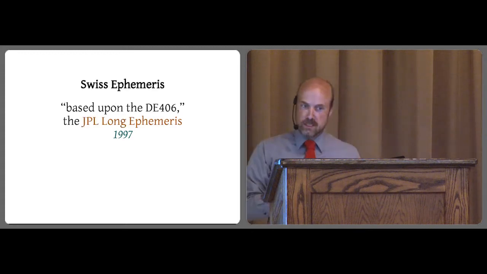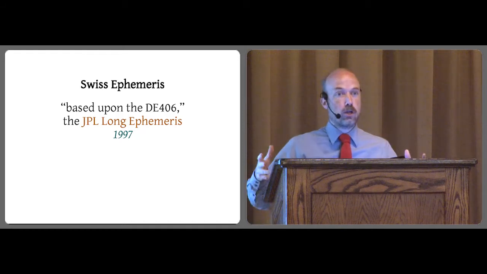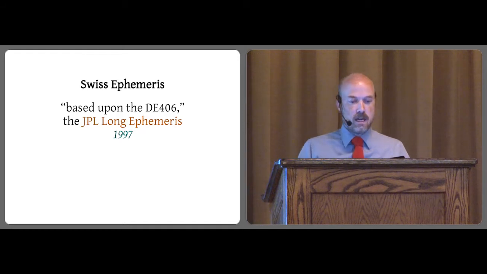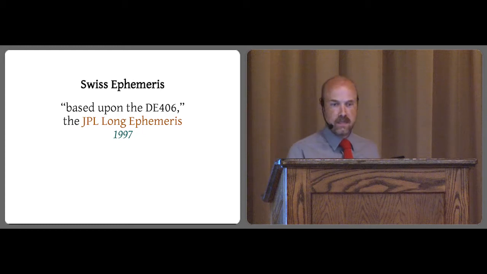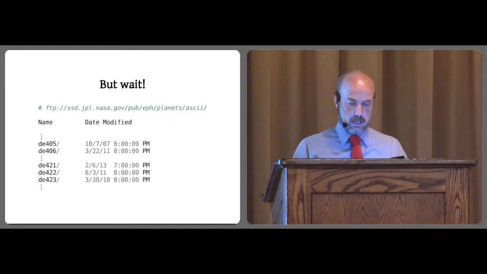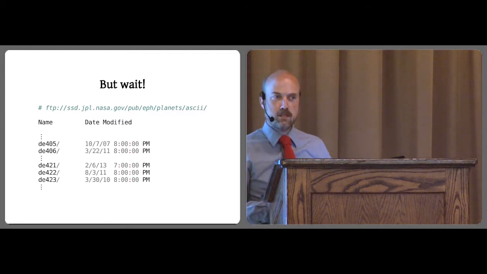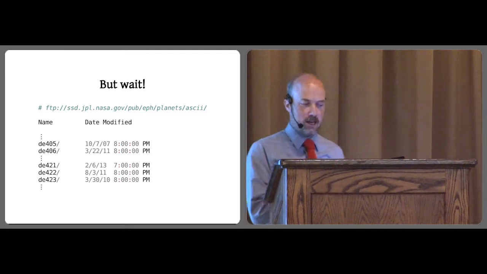Then I went and looked at the Swiss Ephemeris, and it was a bit fancier. It's a commercial offering for the use of astrologers, and it said it is based on the DE406, the JPL long ephemeris from 1997. And so I went to the JPL FTP site, and I discovered that that was not the most recent JPL ephemeris.